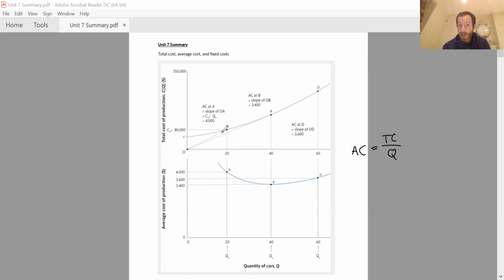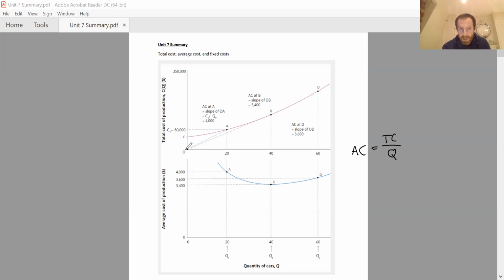Because to find the slope of that line, we take the vertical height, which is the total cost, 80,000, divided by the base, which is the quantity of output. So the slope of that line is just the average cost. And we see the slope of the line that joins O to A is steeper than the slope of the line that joins O to B, indicating average cost at A is higher than average cost at B.